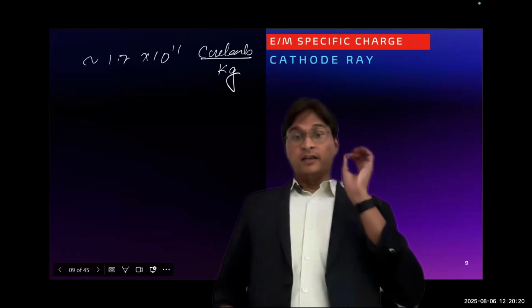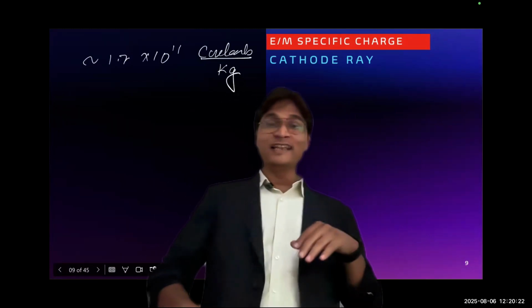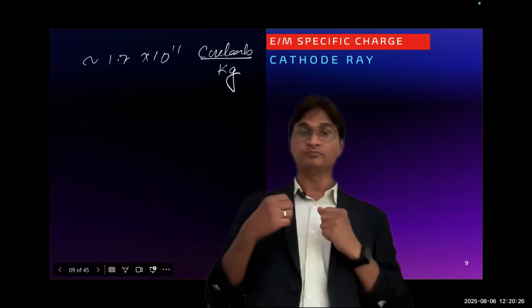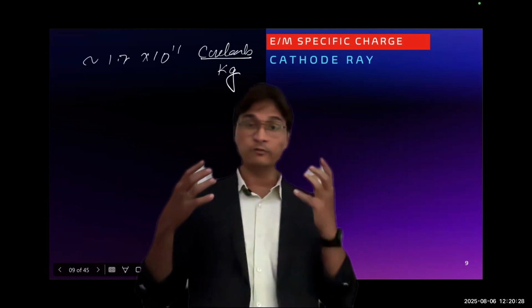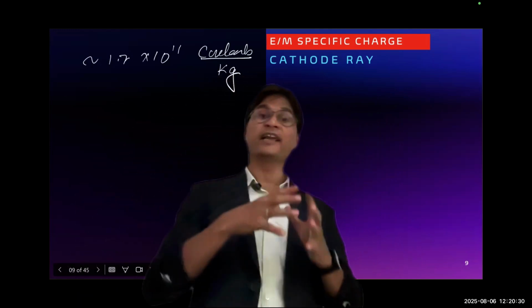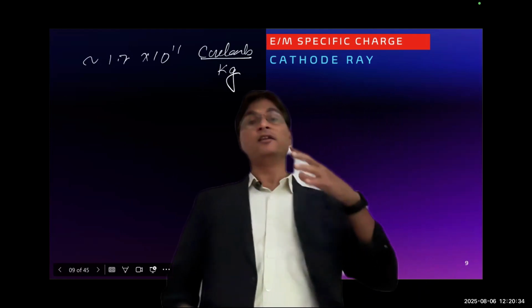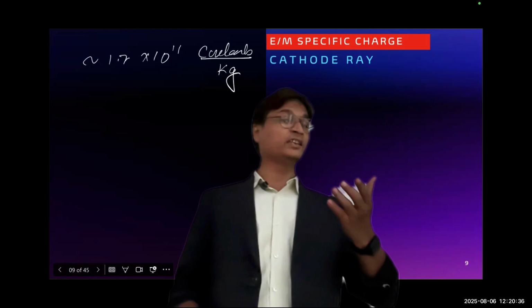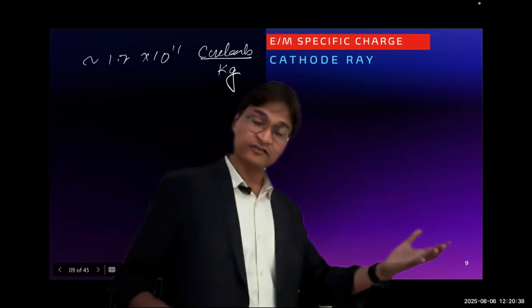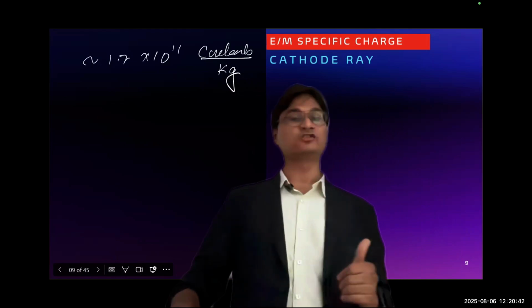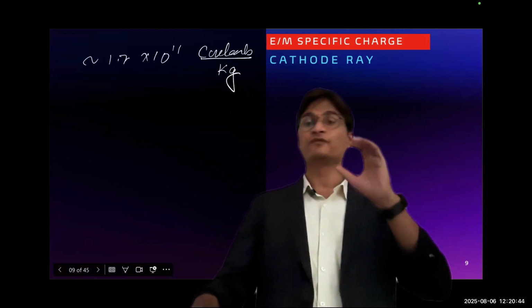And this property was independent of the gas taken inside the discharge tube. Means if you are taking hydrogen inside the discharge tube, or you are taking lithium gas inside the discharge tube, this ratio was fixed.